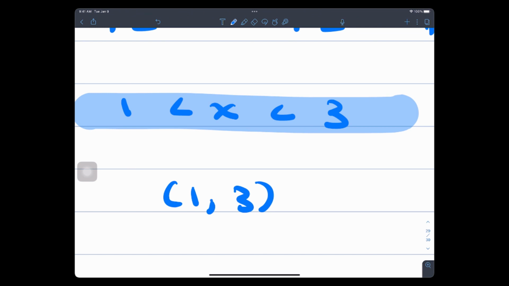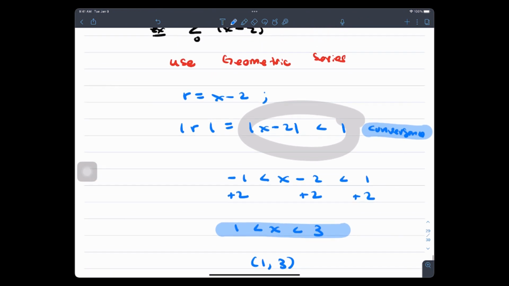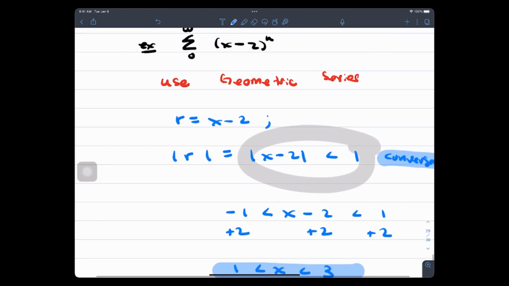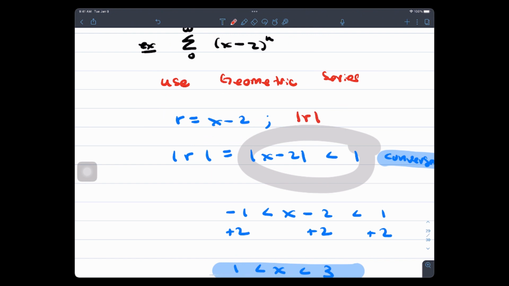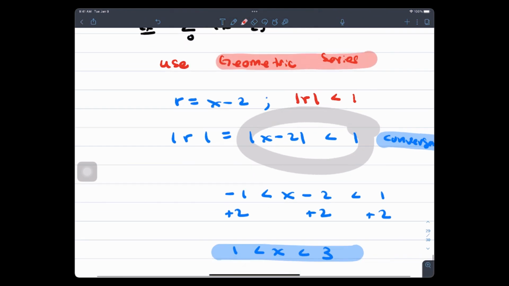Why not? Because the geometric series converges only if the absolute value of R is less than 1. Only then. If it's 1 or if it's greater than 1, we got divergence. So you're strictly using the geometric series test. So we've seen that one, right?